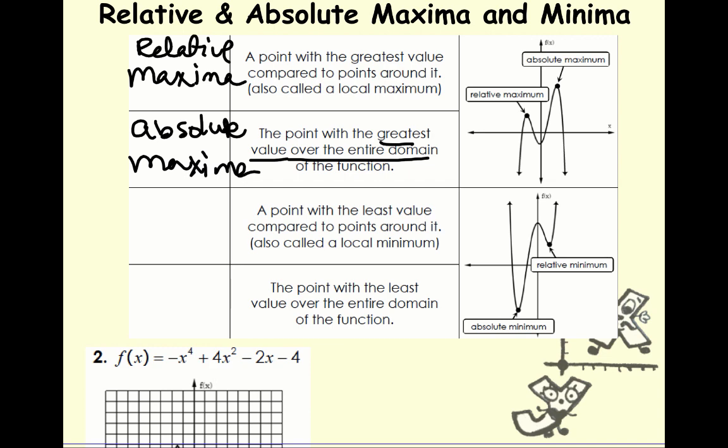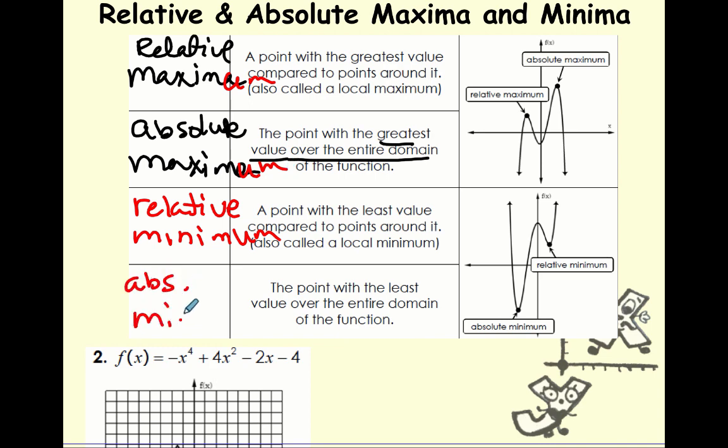Now, a point with the least value compared to the points around it is called a relative minimum, or minima, the plural form. And the point with the least value over the entire domain and function is the absolute minimum. And I'm going to abbreviate. So again, over here, the lowest any y value that we have is actually right here.